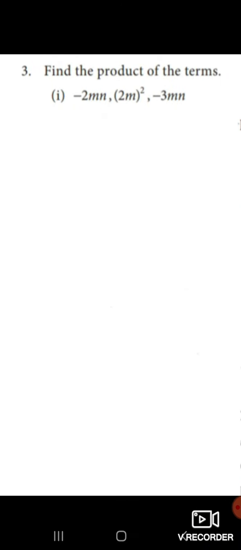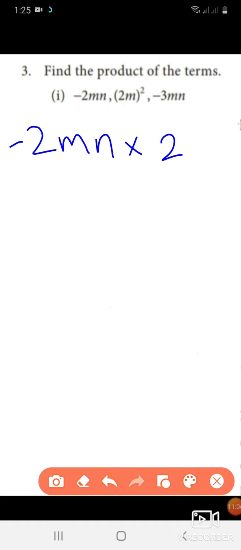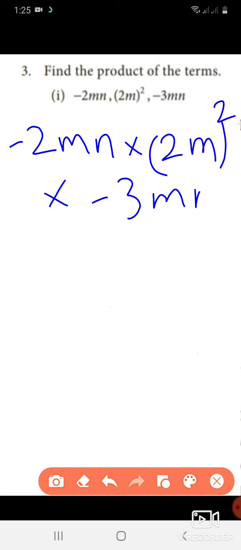Next problem: find the product of the terms. We are going to find the product. Product means multiplication. We are going to multiply. So now, minus 2mn into 2m whole square into minus 3mn.